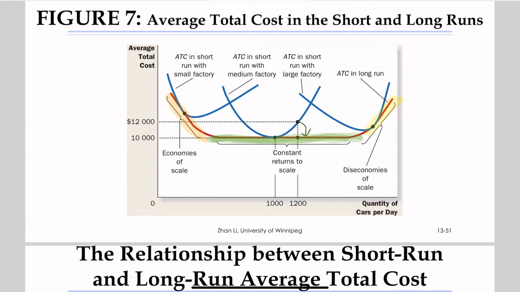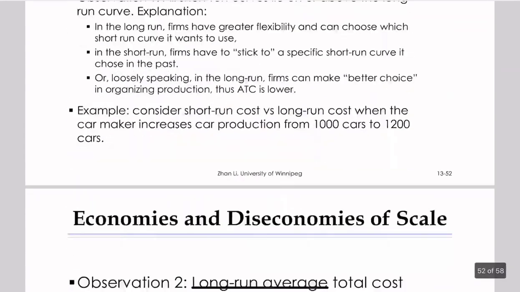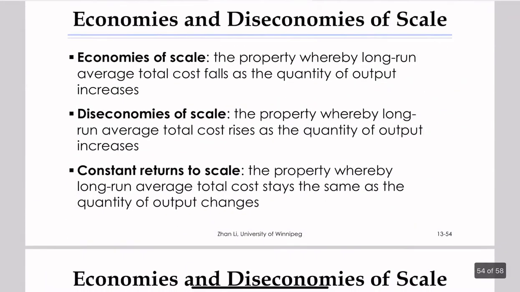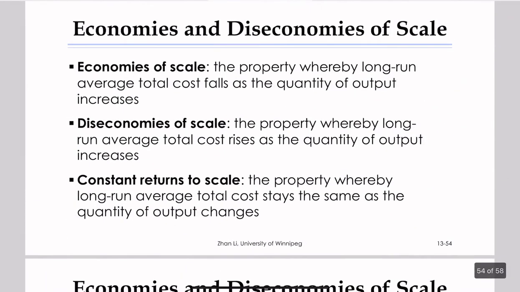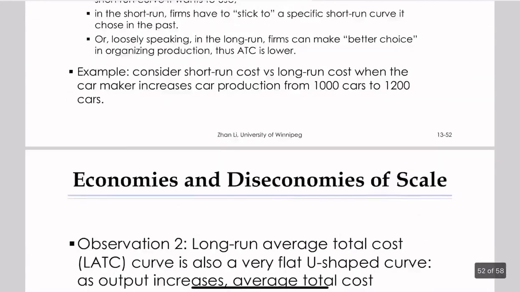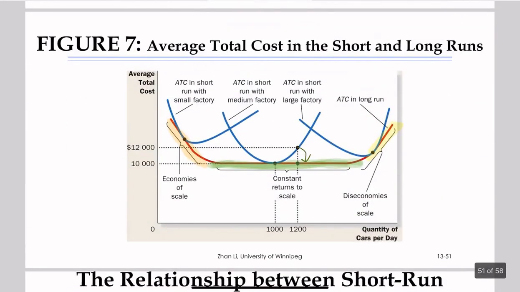economies of scale. So we will have three different definitions, right? Economy of scale refers to the case that the long run average total cost will decrease if you increase the output. That is, we're talking about this section here.